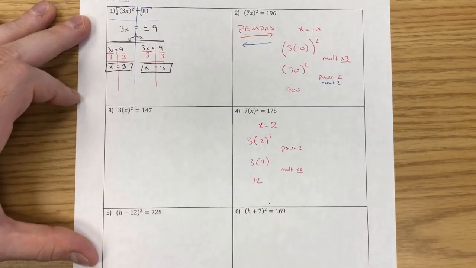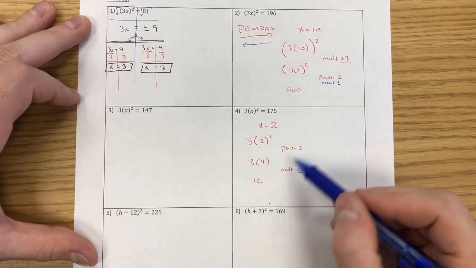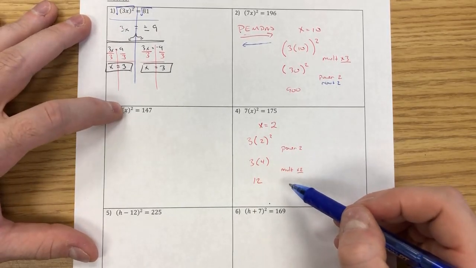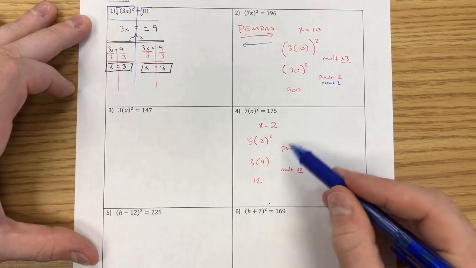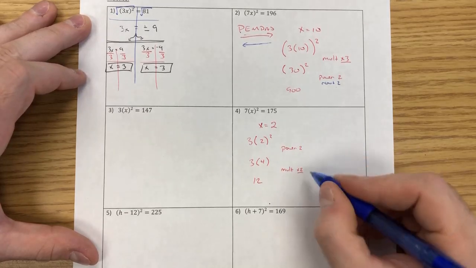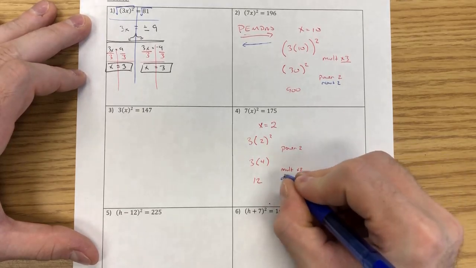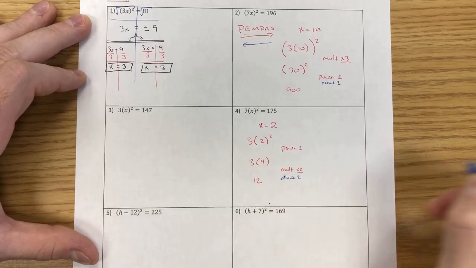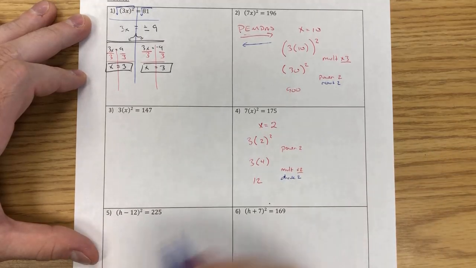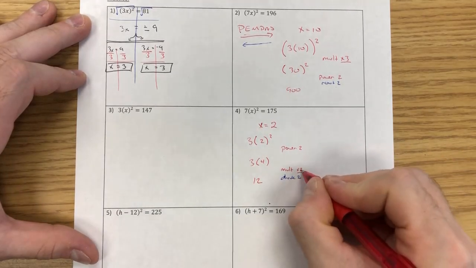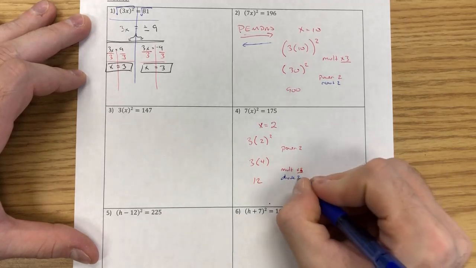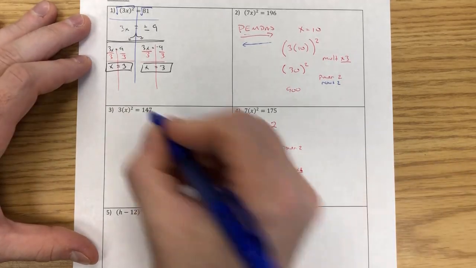So 12. And so to isolate that x that's all the way buried in there, I would just invert this and say, okay, cool. Let's divide by 3. We're going to divide everything by 3.